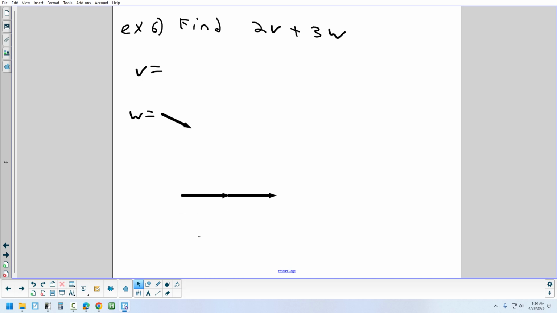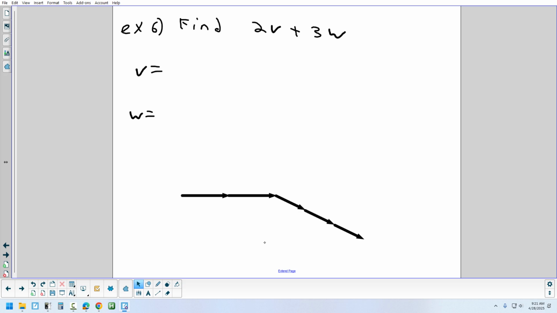There's 2v. And what do I need to put on the end of 2v? 3w. Do I need to flip the w around? No, I'm not subtracting. So just take w, make sure you have 3 of them, and stack them all together. So that's the picture you would draw, but we have one more step to get the final answer.